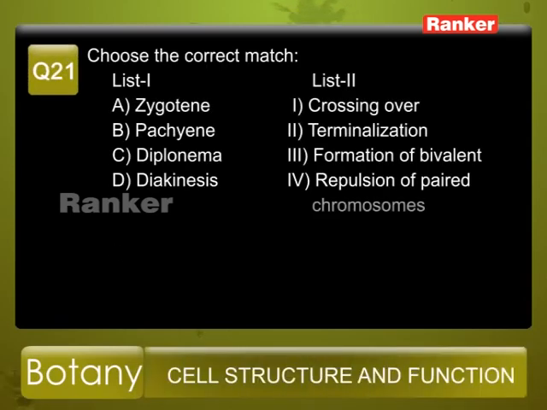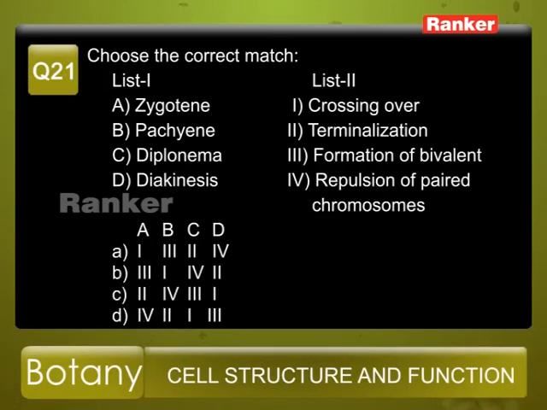Question number 21. Choose the correct match. List 1. A. Zygotene, B. Pachytene, C. Diplotene and D. Diakinesis. List 2. 1. Crossing over, 2. Terminalization, 3. Formation of bivalent and 4. Repulsion of paired chromosomes.